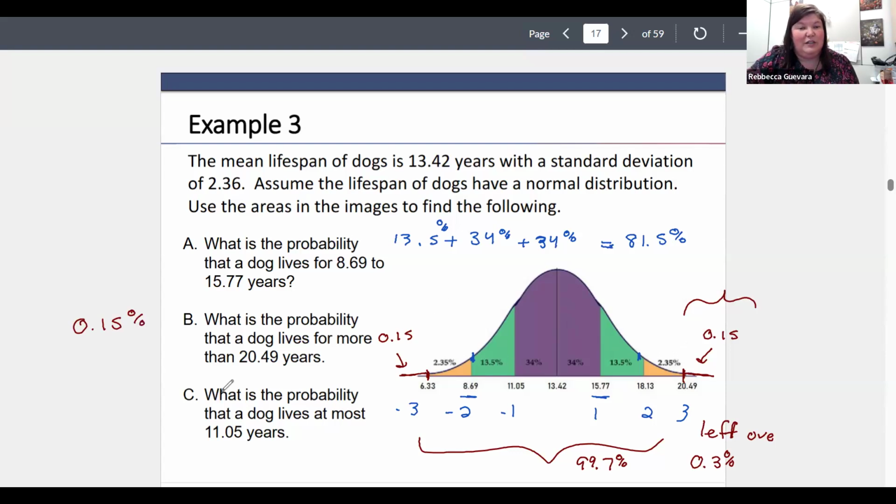What's the probability that a dog lives at most 11.05 years? Well, we just keep having to add up these probabilities because this is all less than 11.05 years. So 0.15 plus 2.35 plus 13.5.